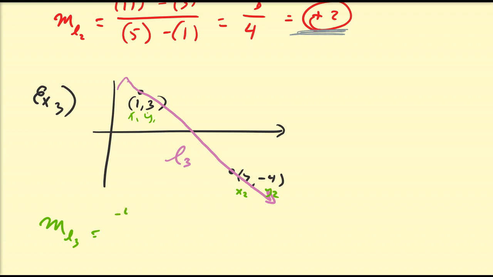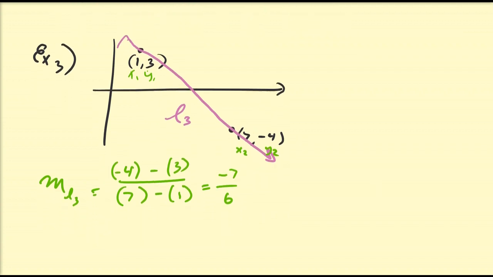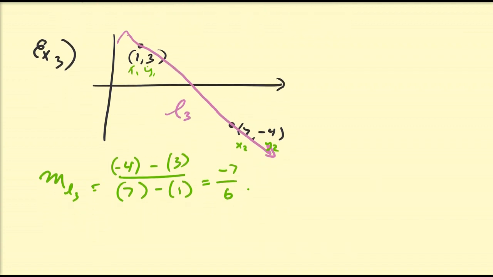So y2 is going to be negative 4, minus y1 which is 3, over x2 which is 7, minus x1 which is 1. So negative 4 minus 3 is negative 7, divided by 7 minus 1, which is 6. So of course this is going to be equal to negative 7/6.